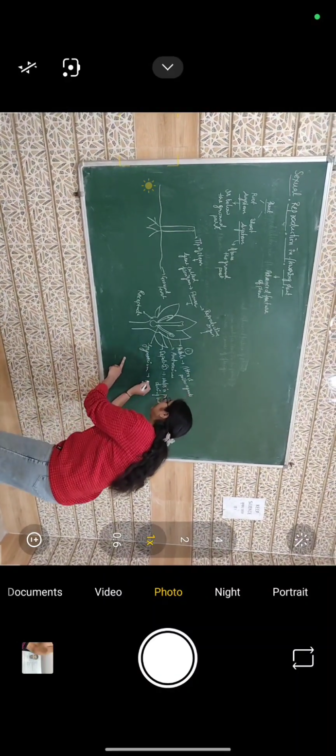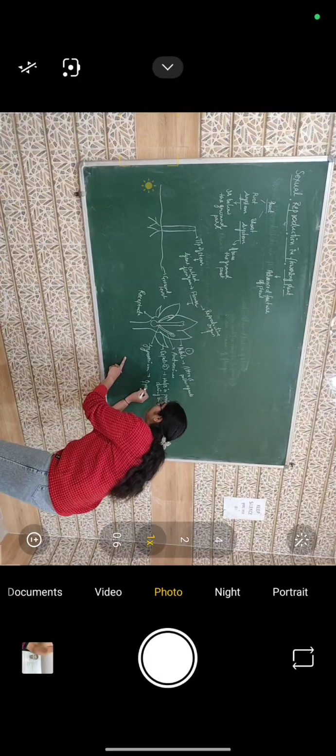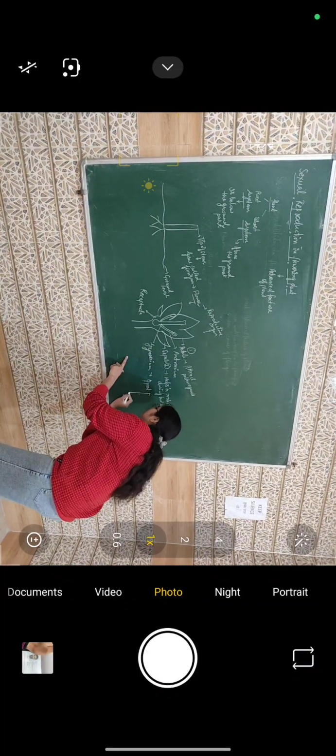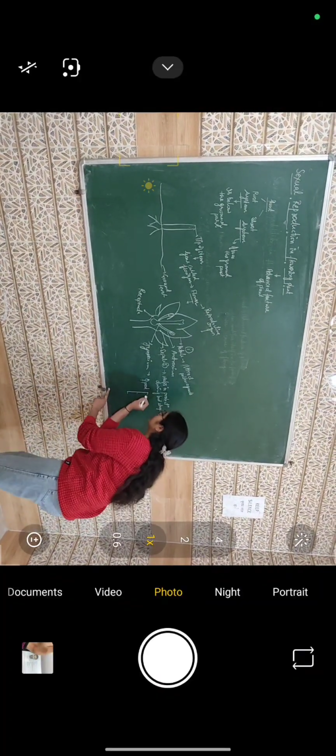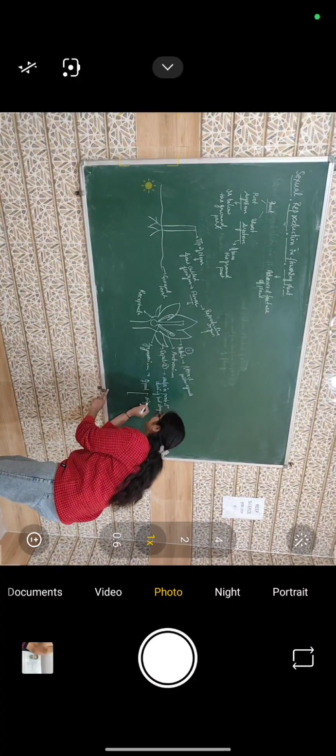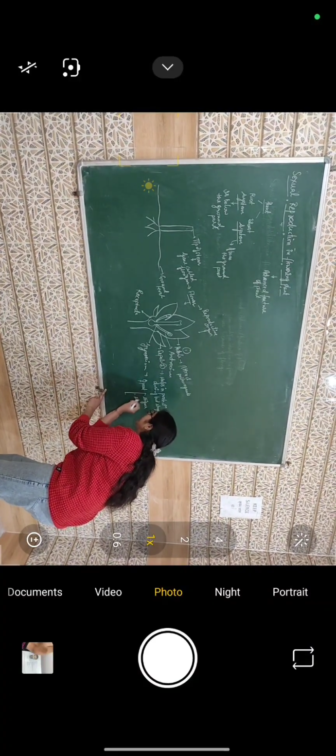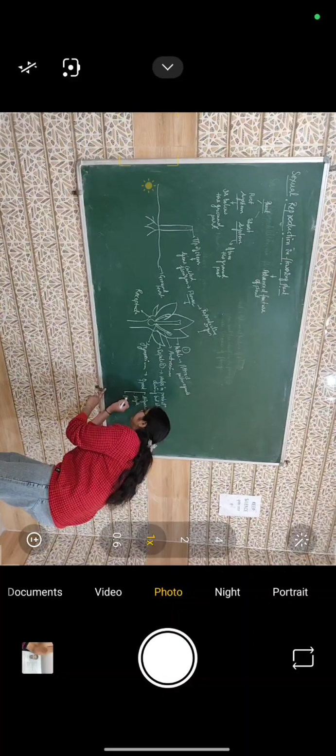Gynoecium means the female part, and the female part has 3 parts. First is the stigma, style and ovary.